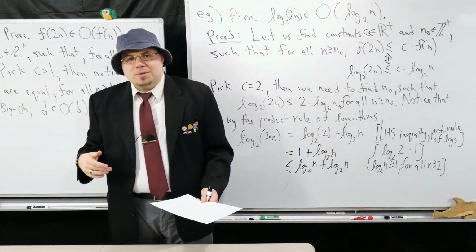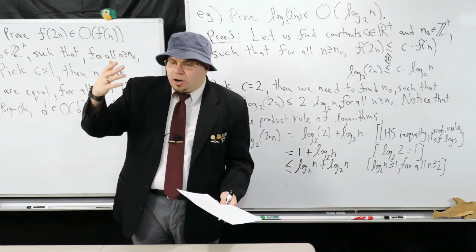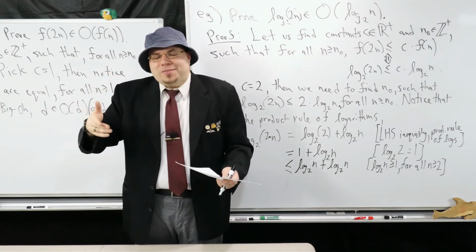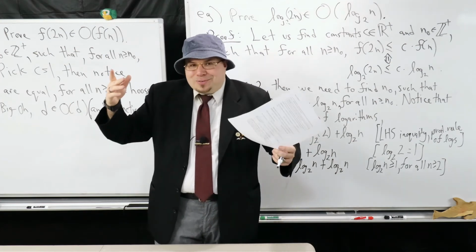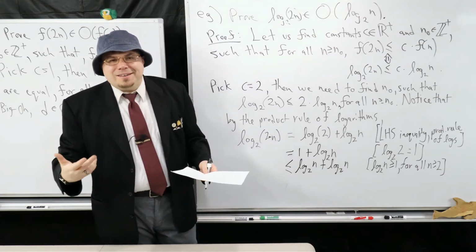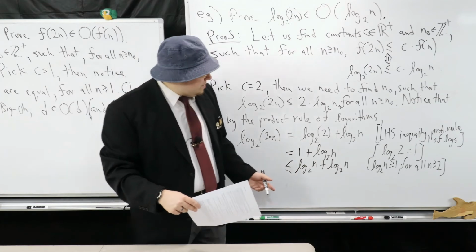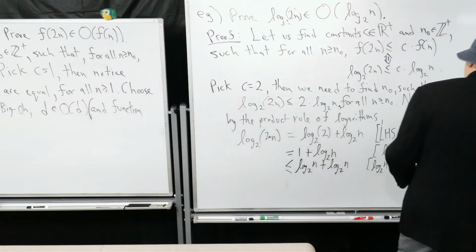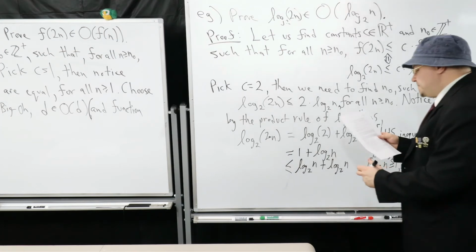If I raise a base to a larger exponent, the value of that result should go up; it doesn't stay the same. That should hopefully be an easy enough justification, for the purposes of this discussion, of why this inequality works. I'm just appealing to the increasing nature of a logarithm.